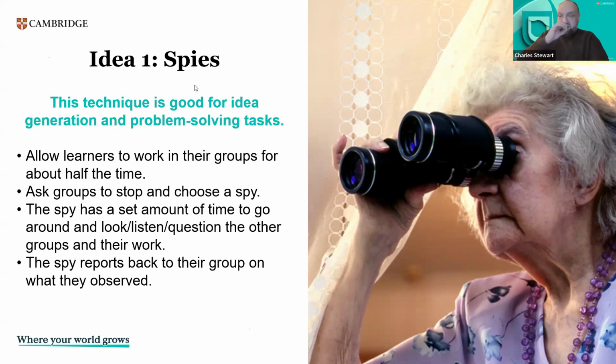I have found that in a longer activity, when the interest and activity tends to kind of tank a bit, when the energy level goes down significantly, it's a good idea to do this because it automatically changes the dynamic of what you're doing in the group work. And it allows them to do something that's fun.